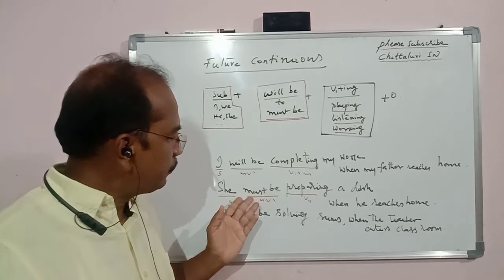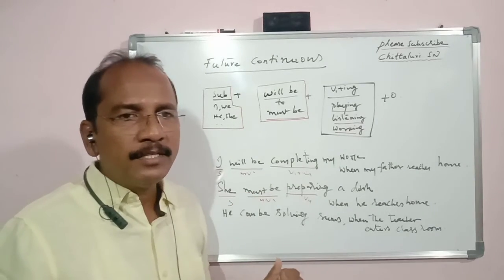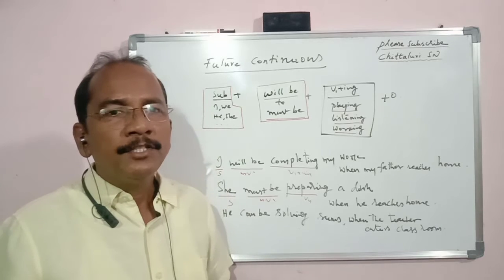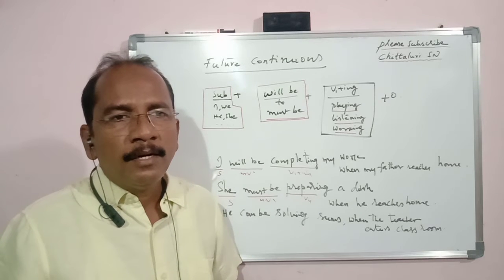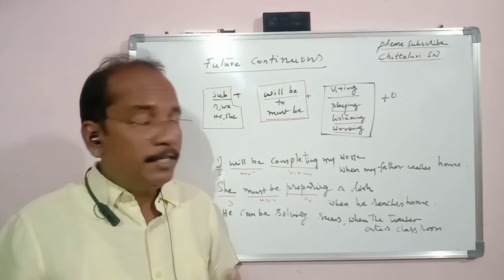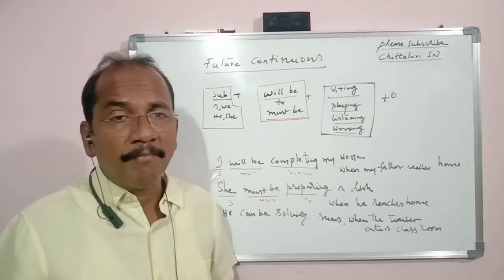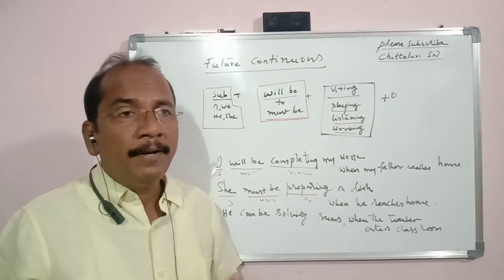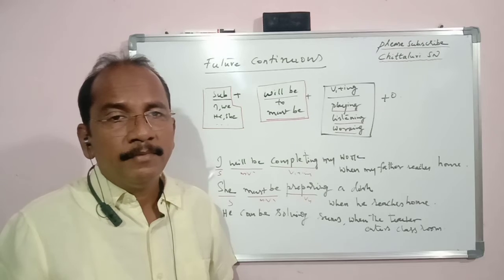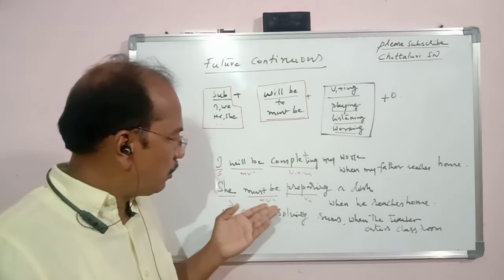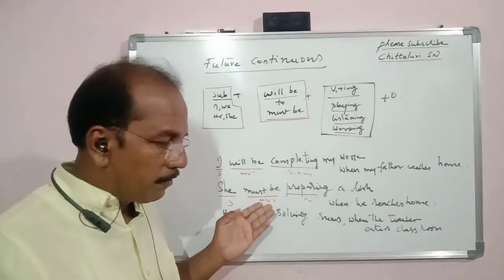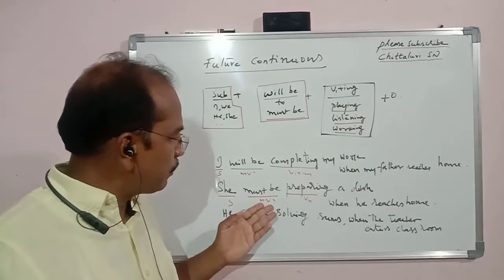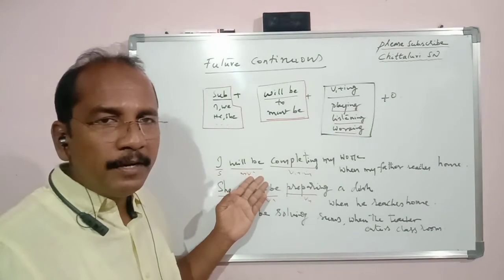Here, she must be preparing a dish in the sense that in the future she is sure to prepare a dish at the time. She will be preparing a dish at the time. It is sure. So that's the difference of the meaning of must be here compared to will be.